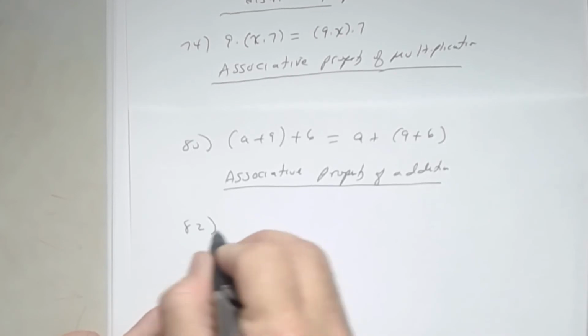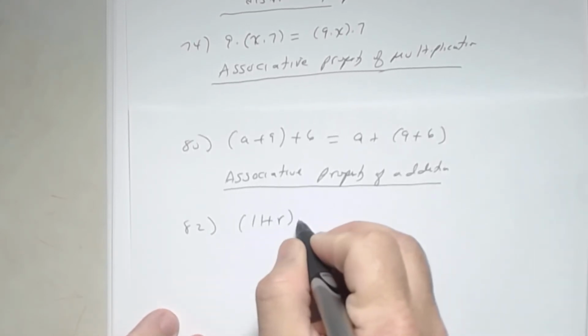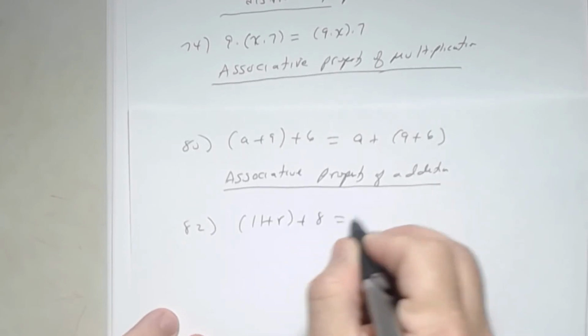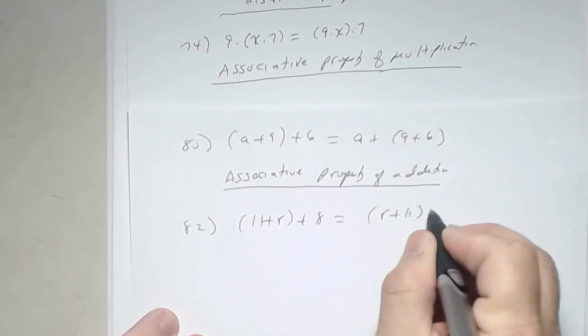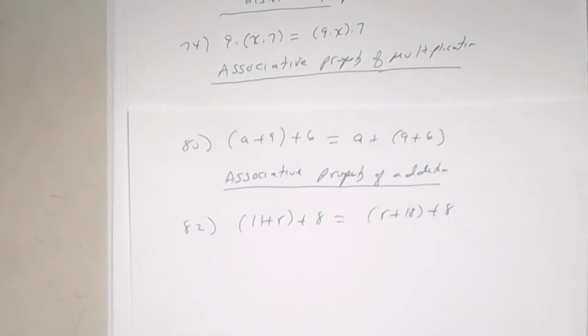82. Suppose you had 11 plus R plus 8 equals R plus 11 plus 8. Look at it first before you blurt out anything. What do you think that one is?